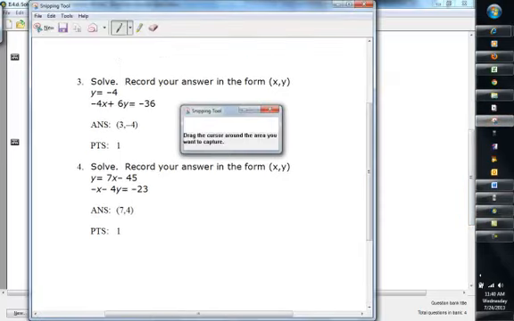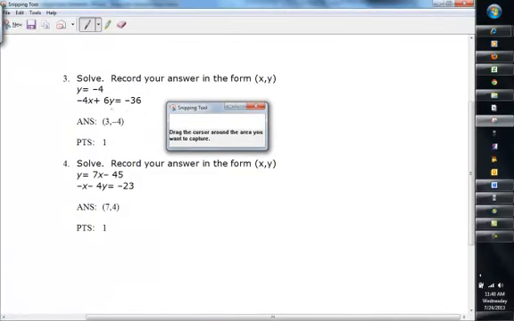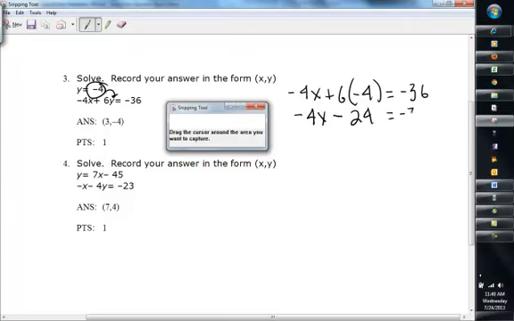In the first case, y is negative 4, so we can just substitute that into here, and we get negative 4x plus 6 times negative 4 equals negative 36. Negative 4x minus 24 equals negative 36.